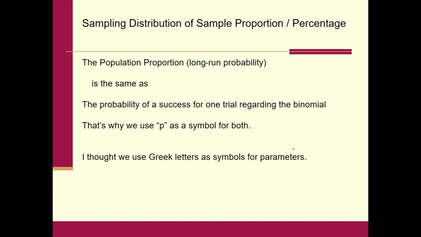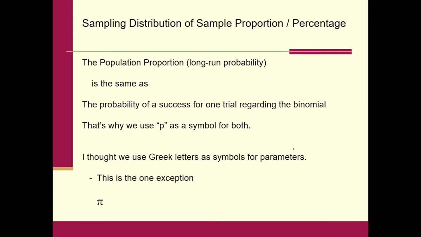Now, you might be saying, hold on, Doug, I thought you told us that we like to use Greek letters for parameters. That's true. However, I did say there was one exception to this rule, and it's this one right here. So if you went into, say, Microsoft Word and put a lowercase p and then changed it over to a Greek letter, you know what Greek letter is going to pop up? Pi.